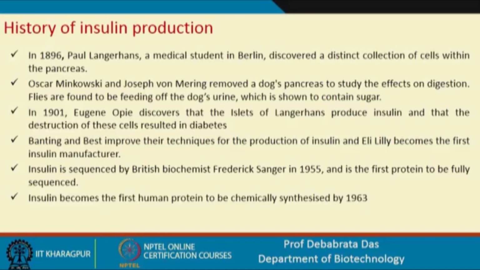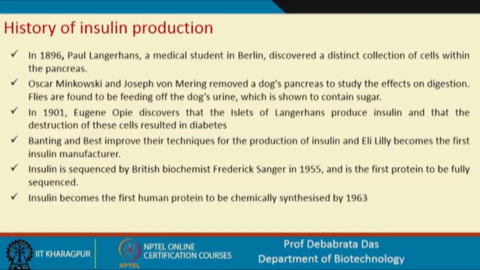Then Oskar Minkowski and Joseph von Mering removed a dog's pancreas to study the effect on digestion. Flies were found to be attracted to the dog's urine, which was shown to contain sugar.